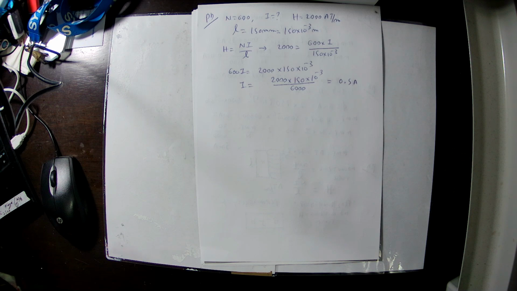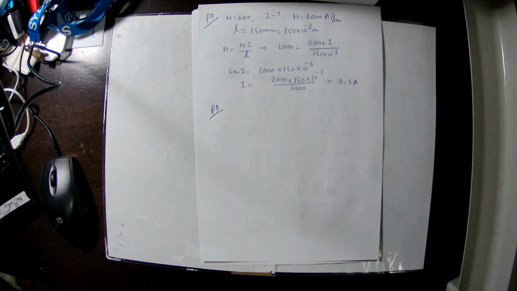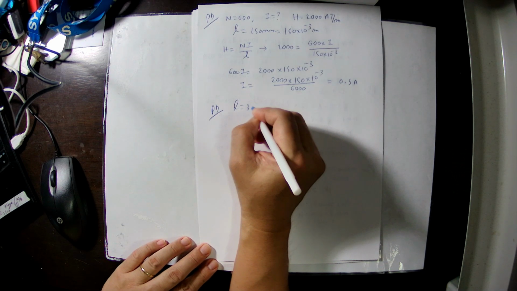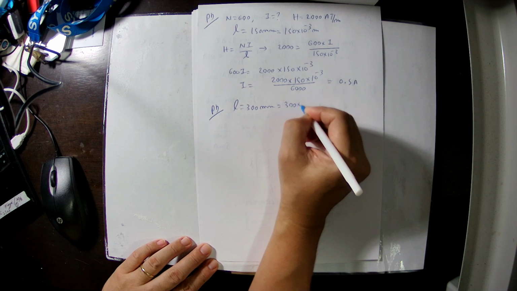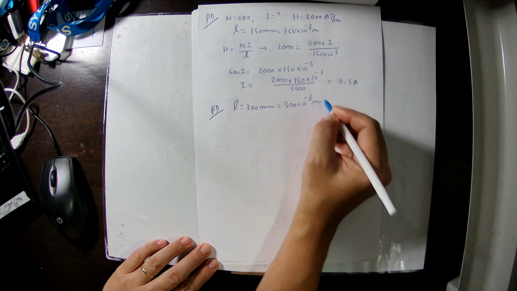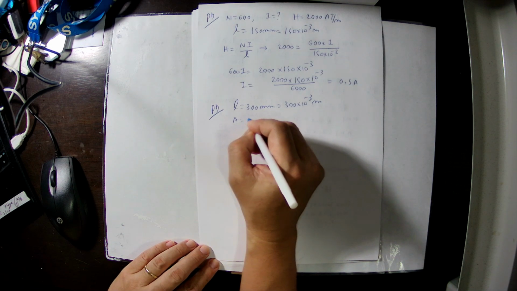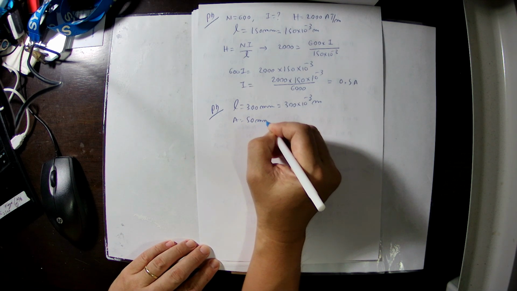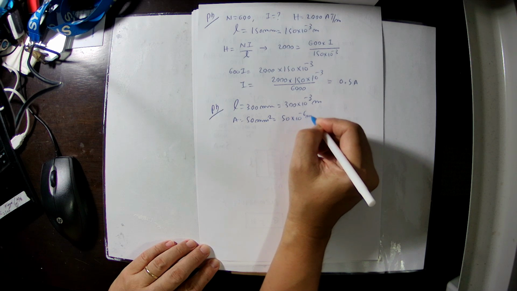So this is the magnetic core. L is 300 millimeter, so 300 into 10 power minus 3 meter. Cross-sectional area A is 50 millimeter square, so 50 into 10 power minus 6 meter square.